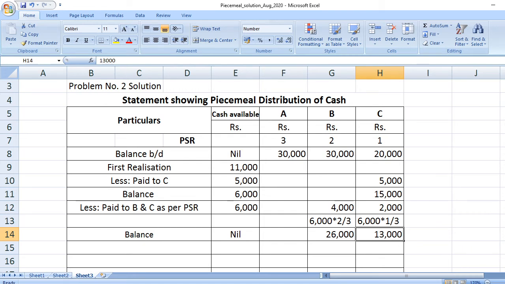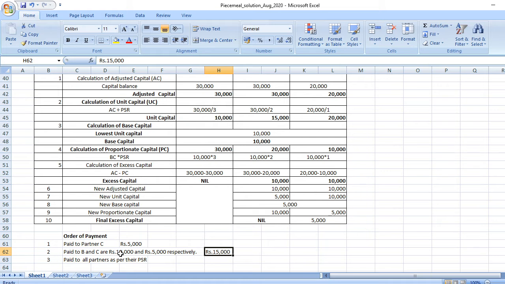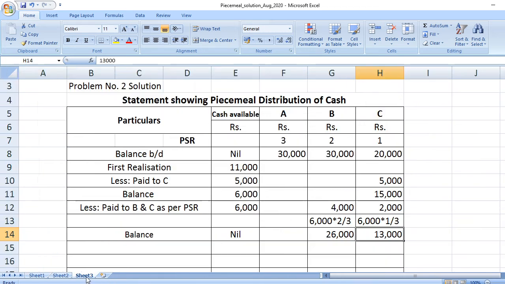Now if you see our order of payment, we have to pay 10,000 to B and 5,000 to C, but we paid only 4,000 to B and 2,000 to C because of the lesser amount we have. Now what do we have to do?